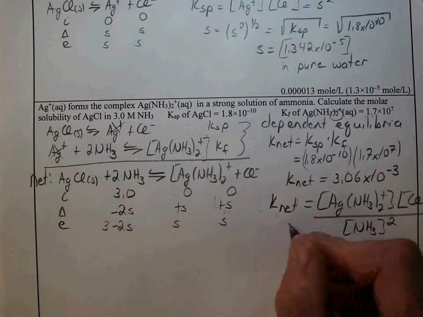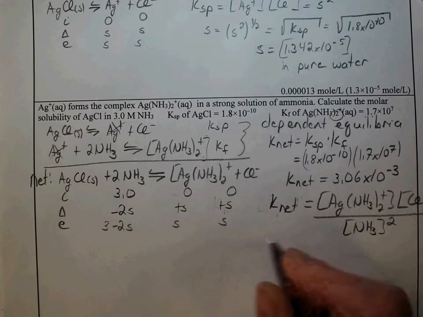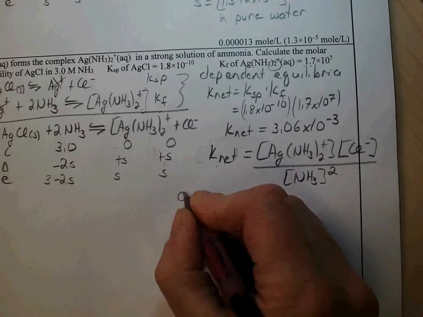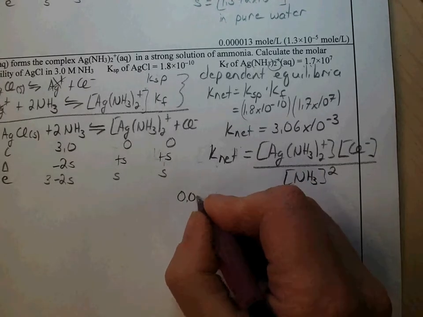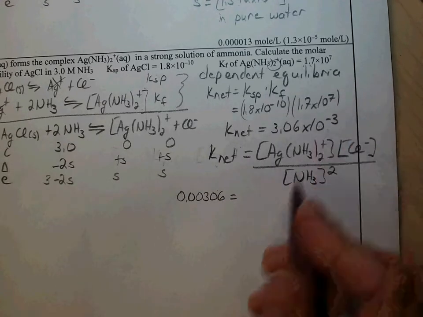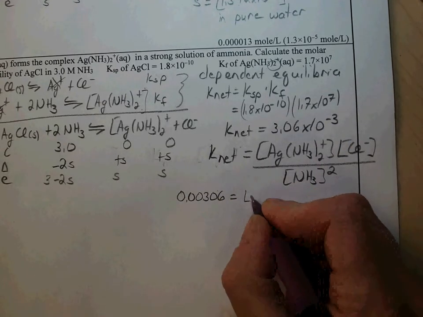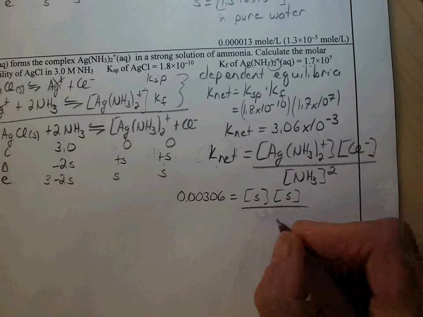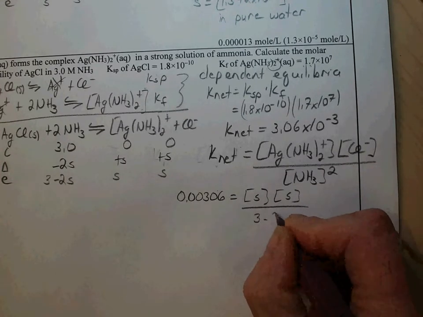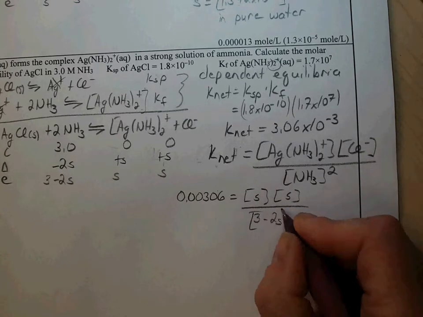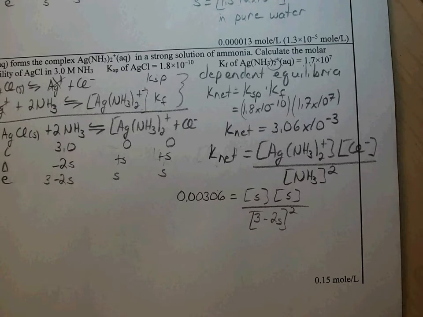Now we can substitute that in. So we have 0.00306, because that's our value of K, equal to S times S, over 3 minus 2S, and that quantity is squared.